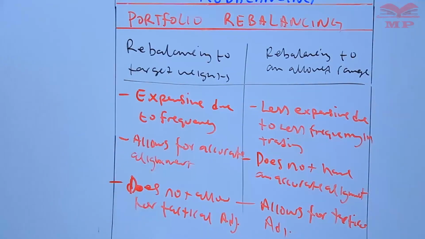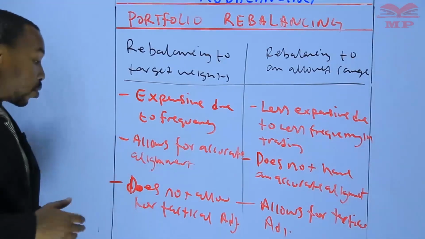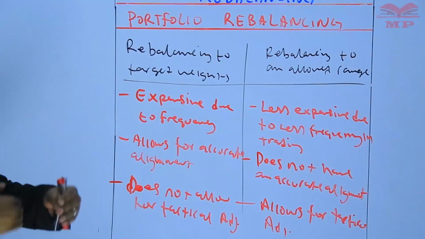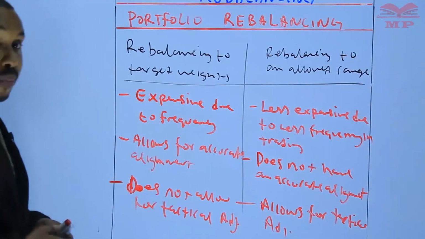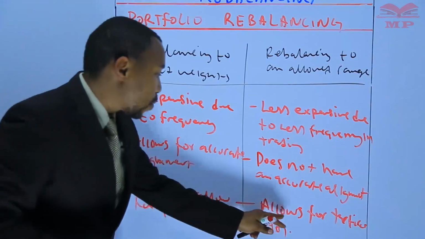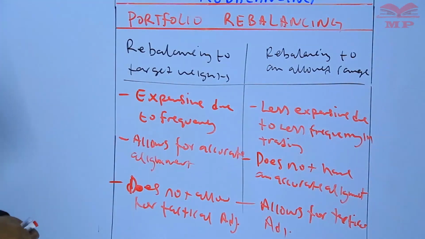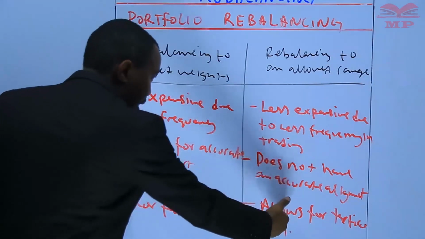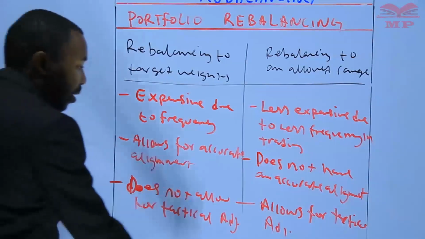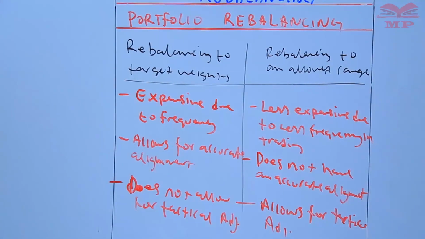What do we mean by that? The rebalancing can actually take effect on a frequent basis over here. The allowed range is actually less frequent in terms of the trading, but it allows for tactical adjustments quite a number of times.